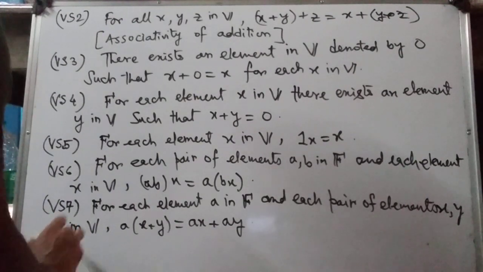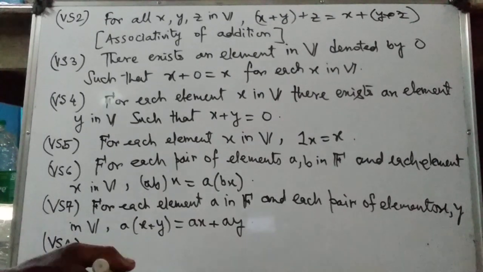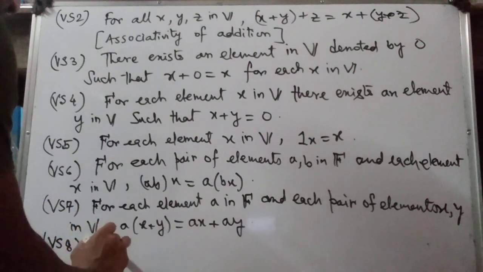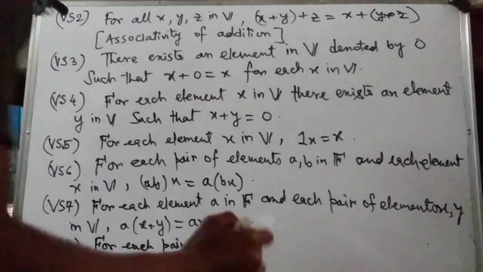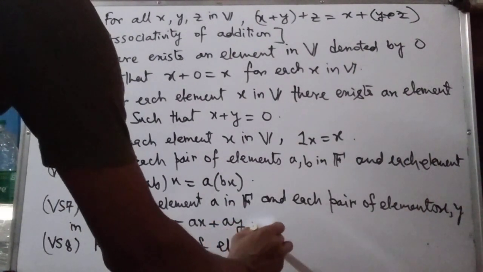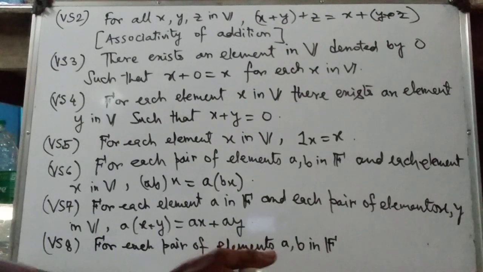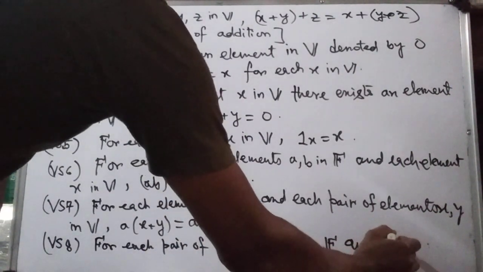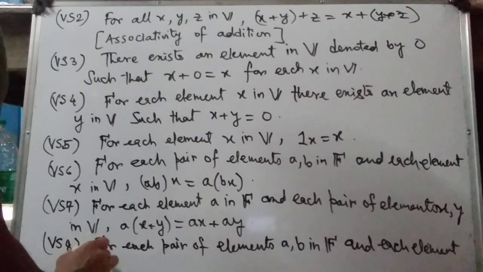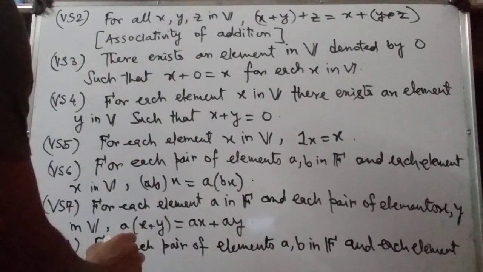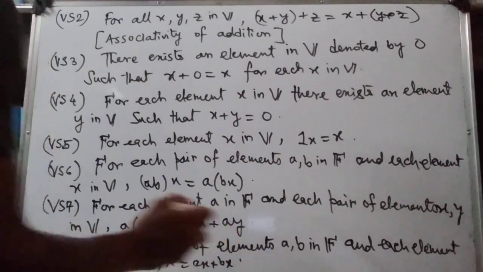VS 8: for each pair of elements a, b in F and each element x in V, here (a plus b)x equals ax plus bx.